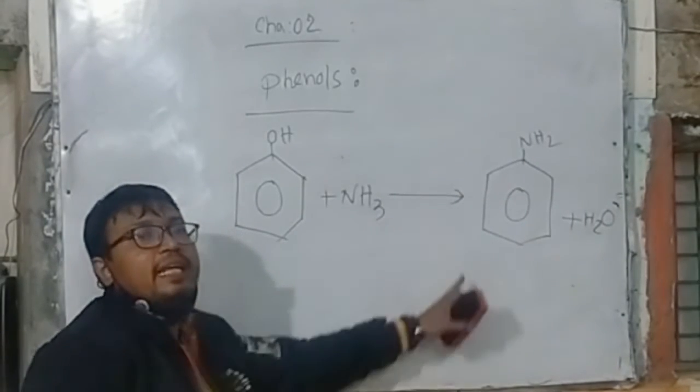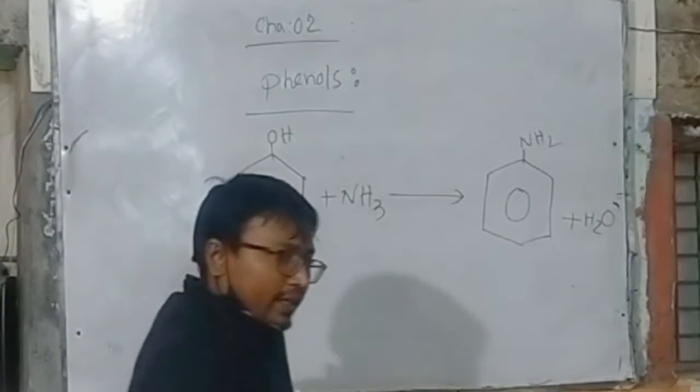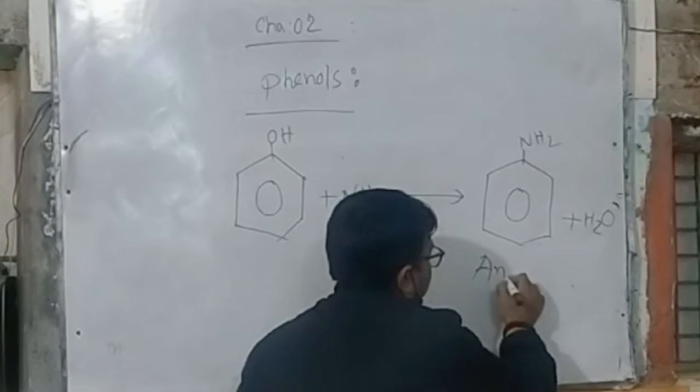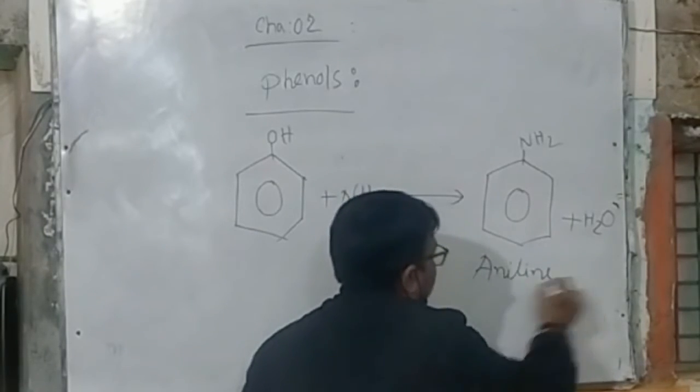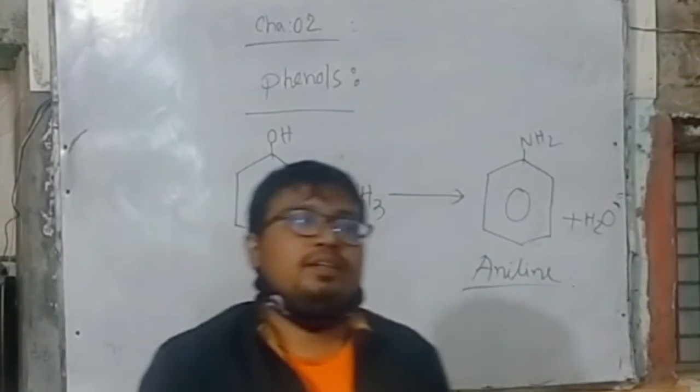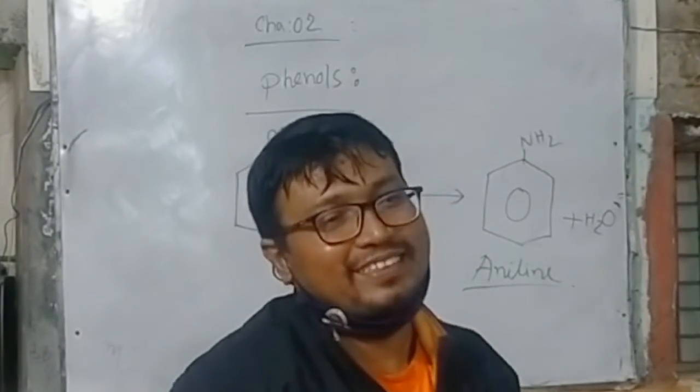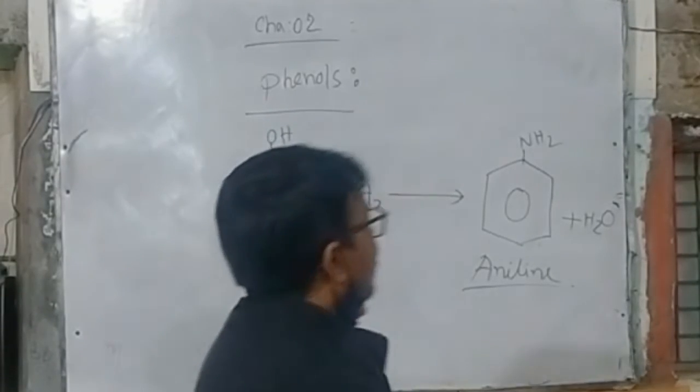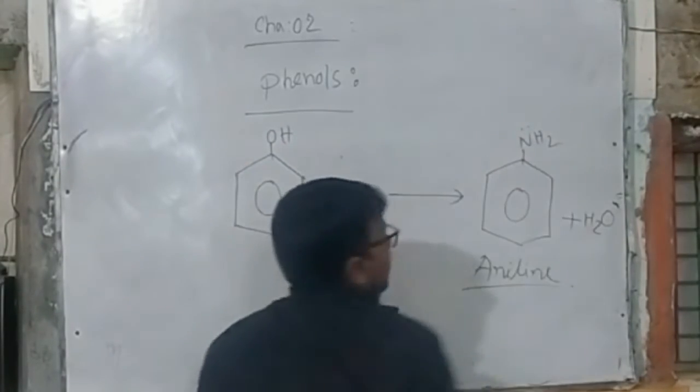This is aniline, which is a base, but phenol is acidic. Because it has a lone pair of electrons, that is why it is a base.